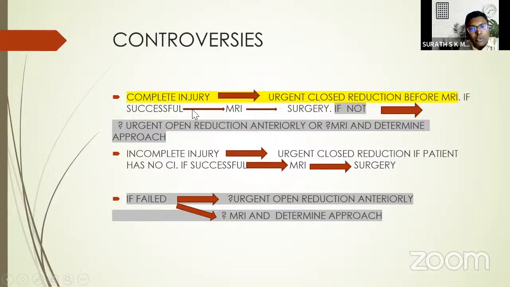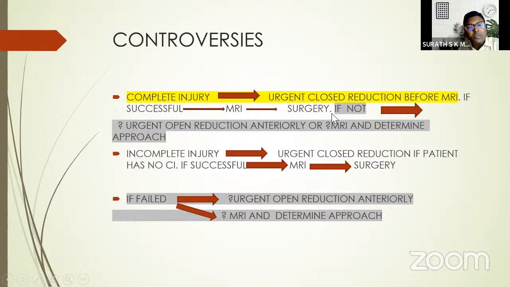If it is successful, then you have the time to go for MRI and to decide on surgery. If the reduction is unsuccessful, either go for an open reduction urgently, and if you are going for open reduction, usually we prefer anterior, or you can do an MRI if you can get it done as early as possible and then determine the approach.